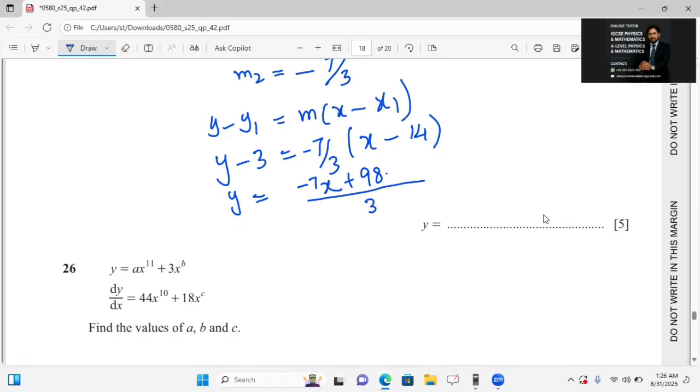Minus 3 goes with plus 3, making 9 over there. So it is equal to minus 7x over 3 plus 98 plus 9, which is 107 over 3. So this is the line equation for this question.